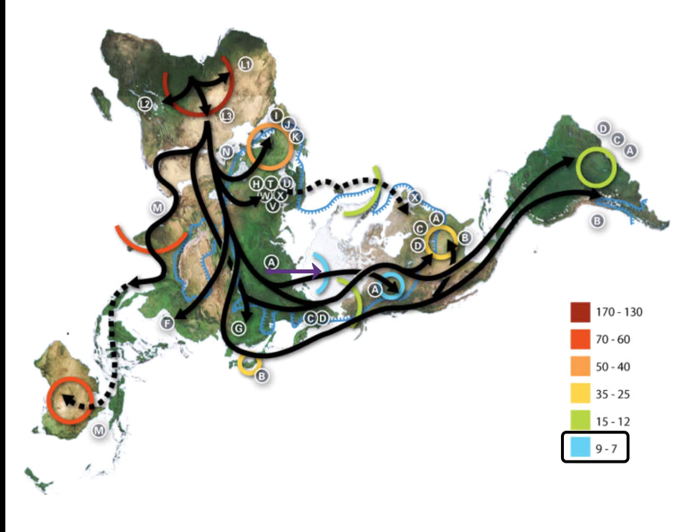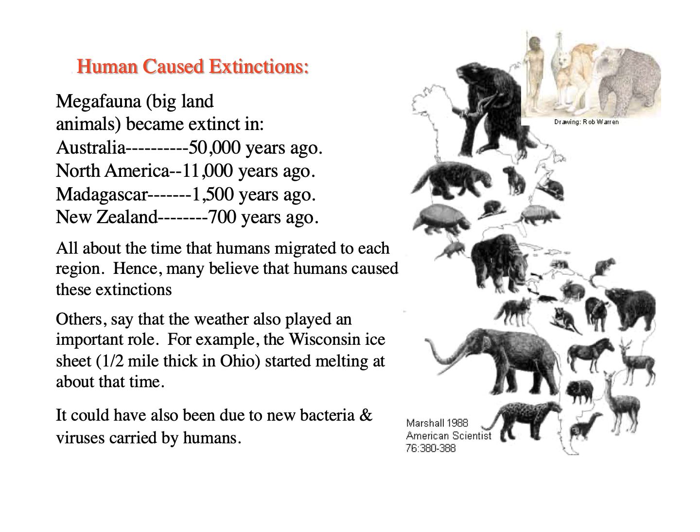And then a final migration 7,000 to 9,000 years ago into northern Canada, or northern North America, which are the Inuits. As humans moved into different regions of the world, large animals, that is megafauna, became extinct. So in Australia, that occurred about 50,000 years ago as Homo sapiens moved in there.